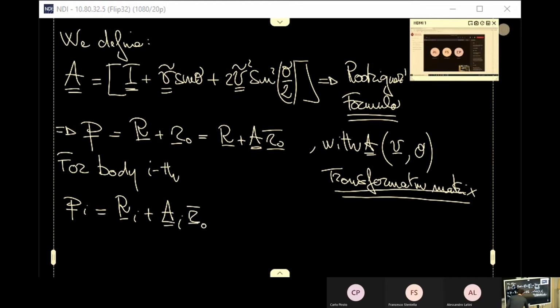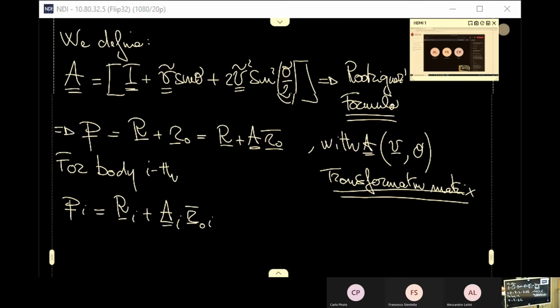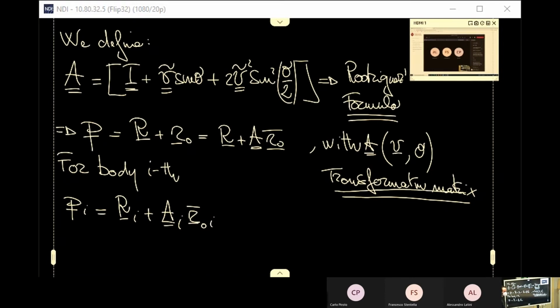I just basically added a subscript, but this is important from a conceptual point of view because it stresses the dependence of these quantities with respect to each body. So each body will have its own A. Each body will have the position of the origin of its local frame with respect to the inertial frame. And of course, each body will have the position with respect to this local frame.